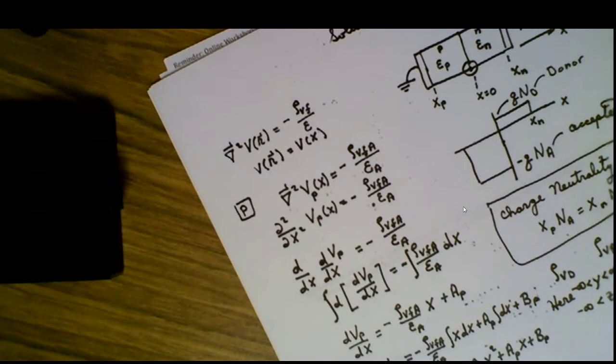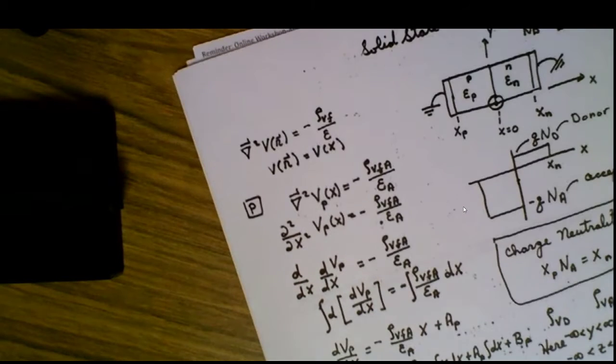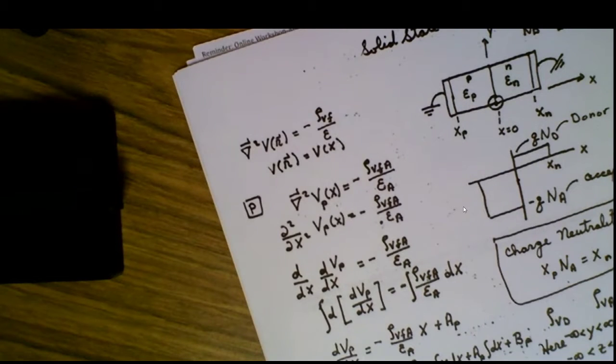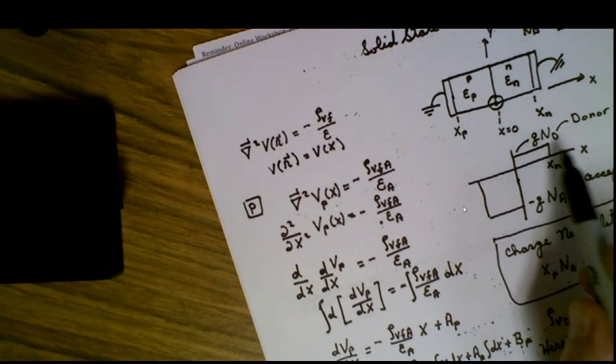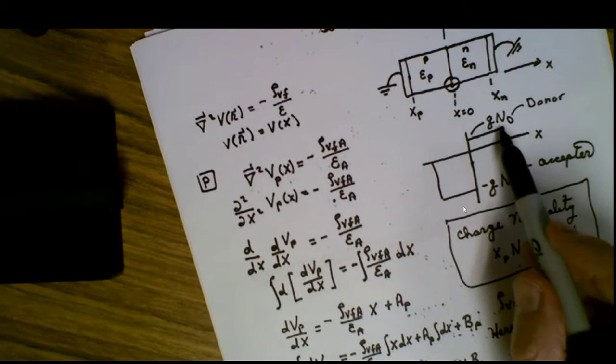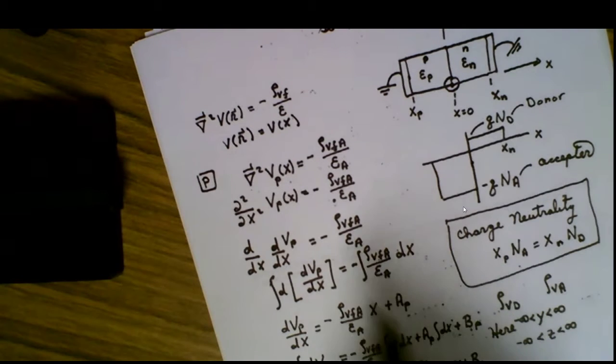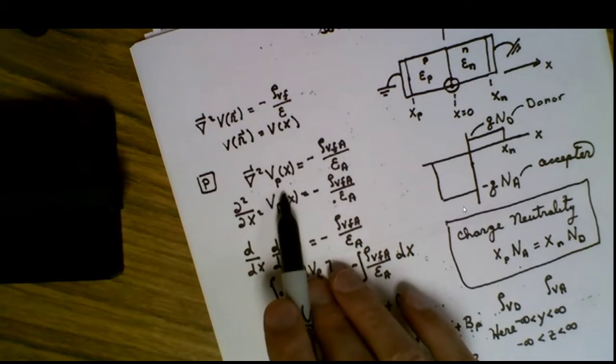Okay, now let's look at our N region. Well, we do observe a number of different things. First of all, our volume charge density is going to be different. It's going to be based on donors, not acceptors, and those donors are positive charge. So we'll see a sign difference there. We'll see a notation difference.